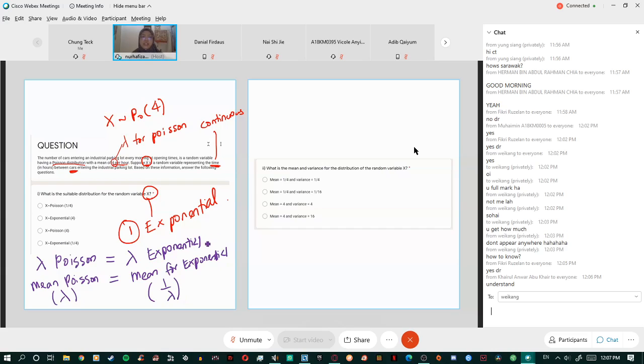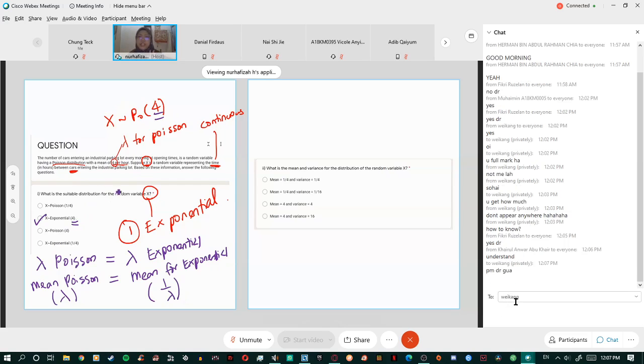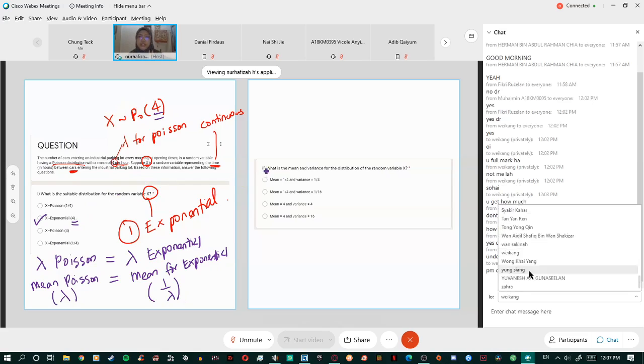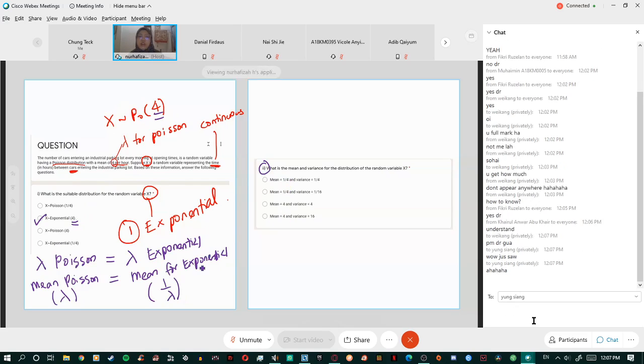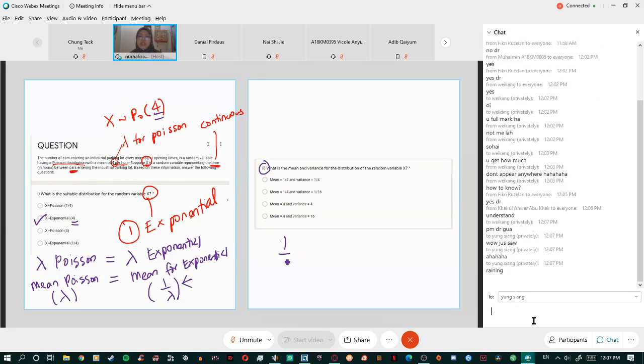So for question 1, your exponential lambda is 4, because the lambda for Poisson is 4, so the lambda for exponential is also 4. This should be your answer. For question 2, your mean should be 1/4, because your lambda is 4, so 1/4 is your mean.